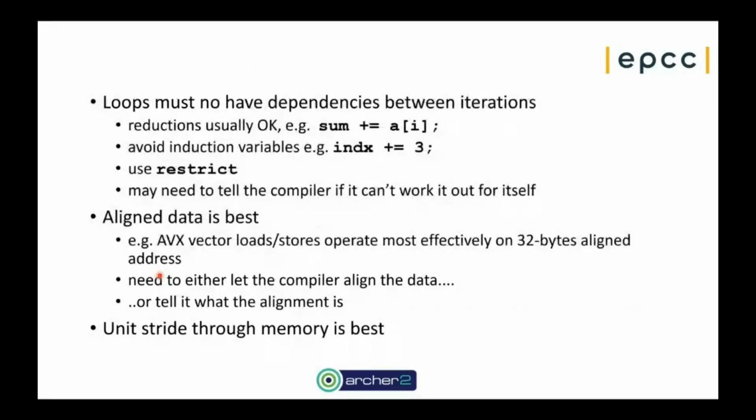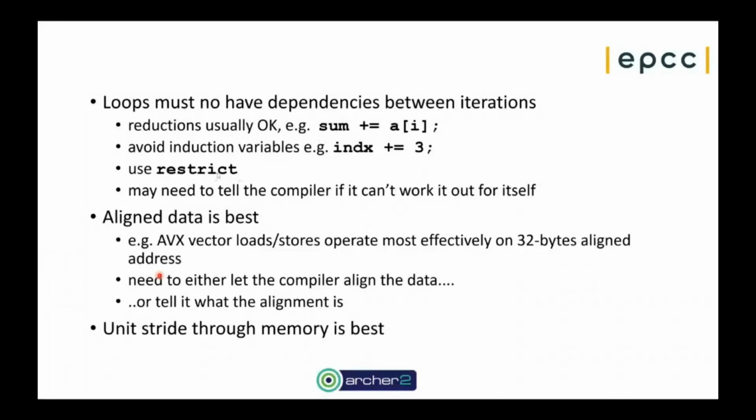The other thing that compilers will look for, and this is very similar to shared memory OpenMP style programming, is dependencies between loop iterations. So again, the compiler is effectively doing a parallelization over your loop iterations. So it wants those loop iterations to be independent to do the vectorization.